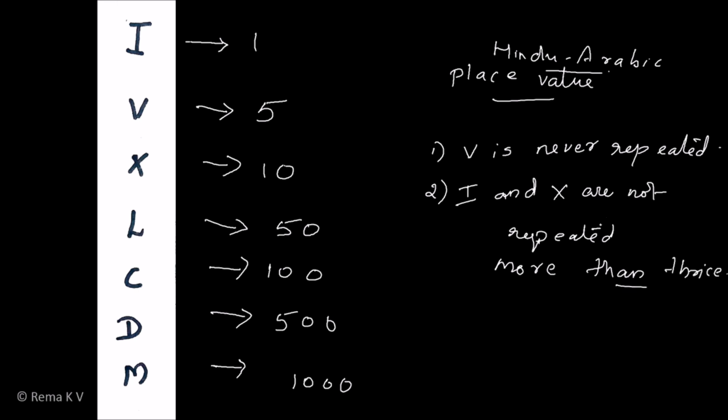Okay. So the first rule is V is never repeated. The second rule is I and X cannot be repeated more than three times. Right? So let us see how to write these numbers using these 3 symbols.